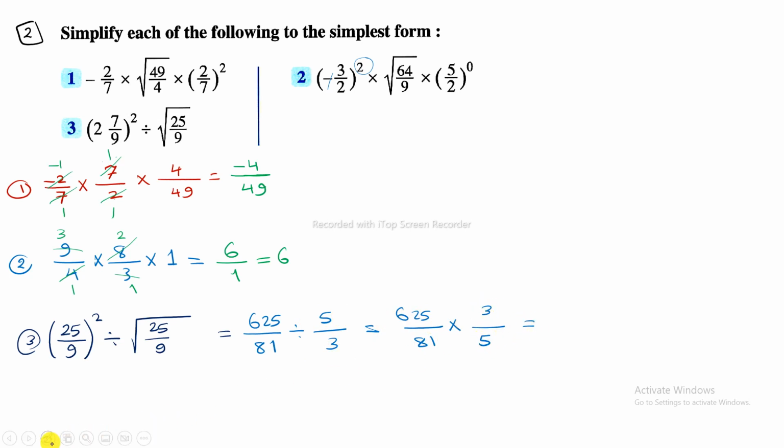Then we simplify. 3 and 81 are divisible by 3. 3 divided by 3 is 1, 81 divided by 3 is equal to 27. 625 and 5 are divisible by 5. 5 divided by 5 is 1. 625 divided by 5 is 125. Then we multiply. 125 times 1 is equal to 125. 27 times 1 is equal to 27. So we simplified to the simplest form. Let's see the next question.